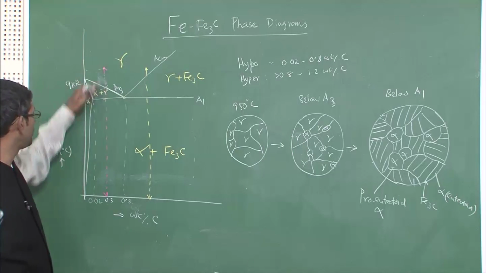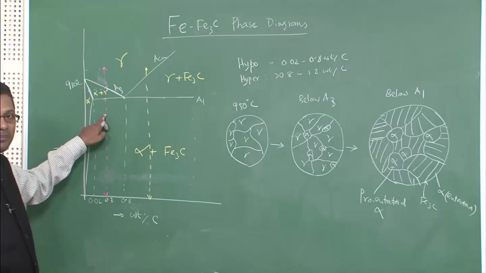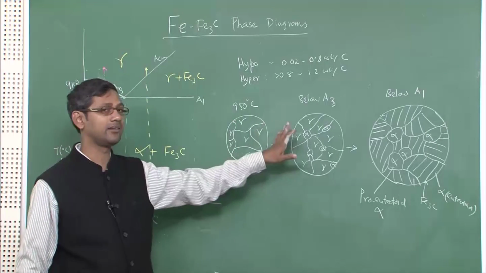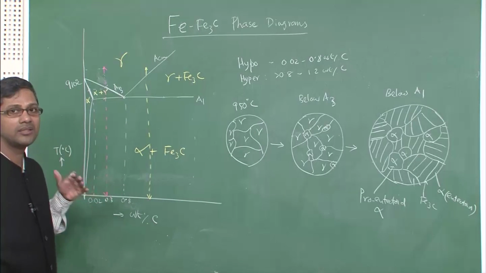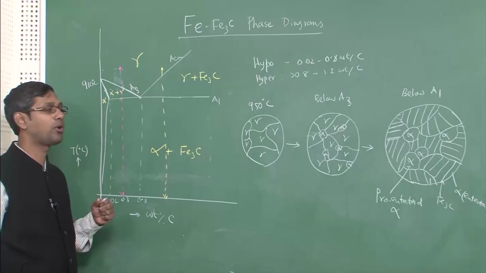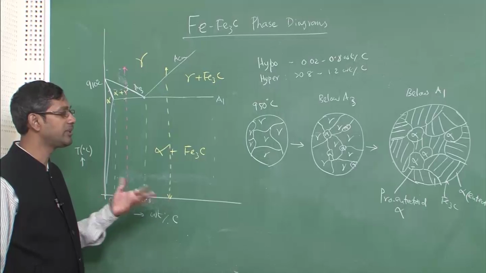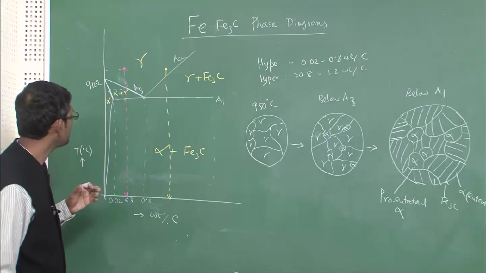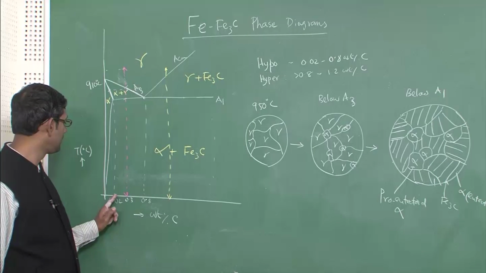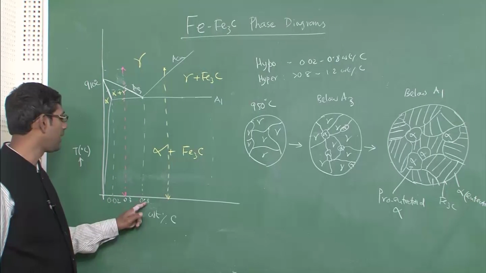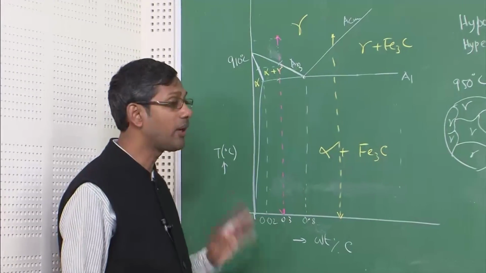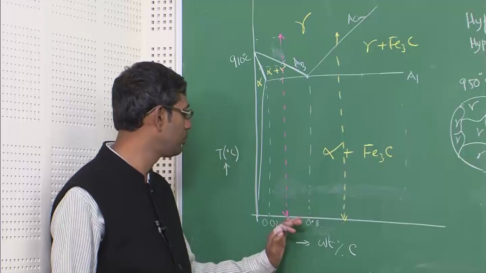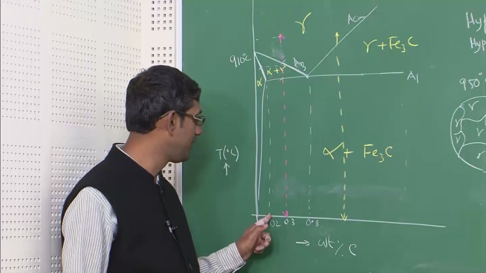from 950 degrees to room temperature, or below the eutectoid transformation temperature, you must encrypt in your brain. You should not forget, because this is very important for anybody doing this course to grasp and understand nicely. So, all the alloys between 0.02 to 0.8 will have that transformation. What is going to change as you increase the carbon concentration from 0.02 to 0.8, that means as you go from this part to this part?